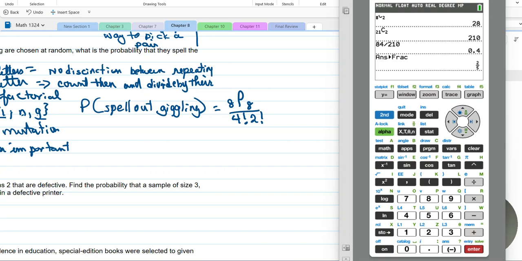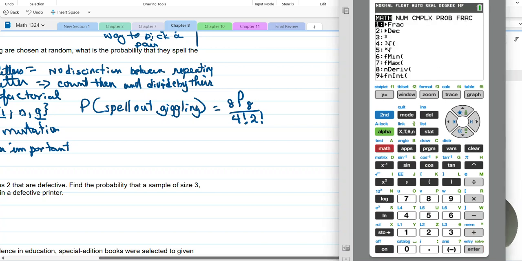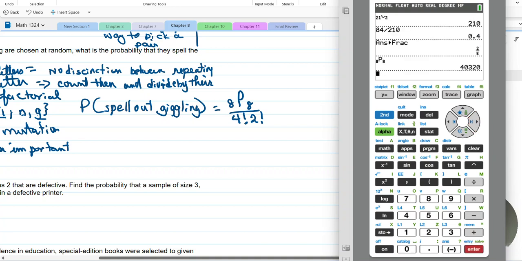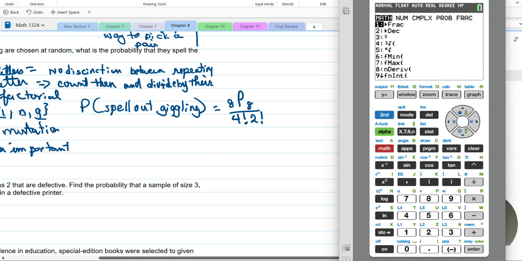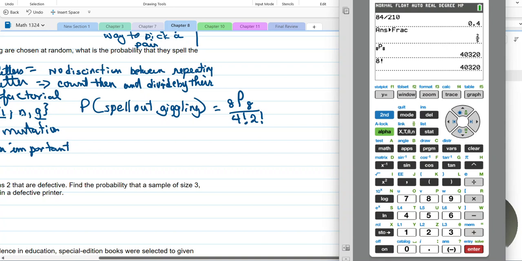We're going to do 8 math, PROB, number 2, and 8, or 8 factorial, whichever way you want to do it. You're going to get the same thing because same number. So this guy is 40320.